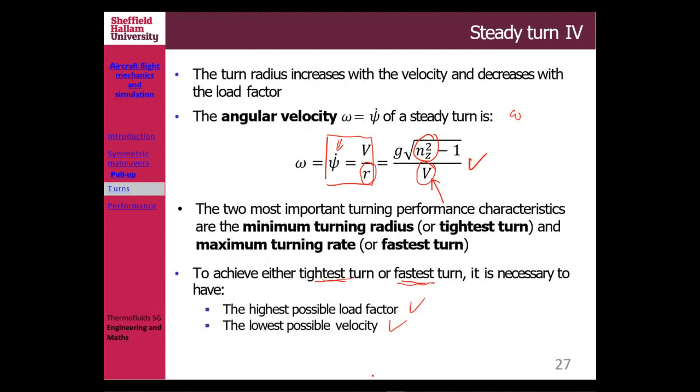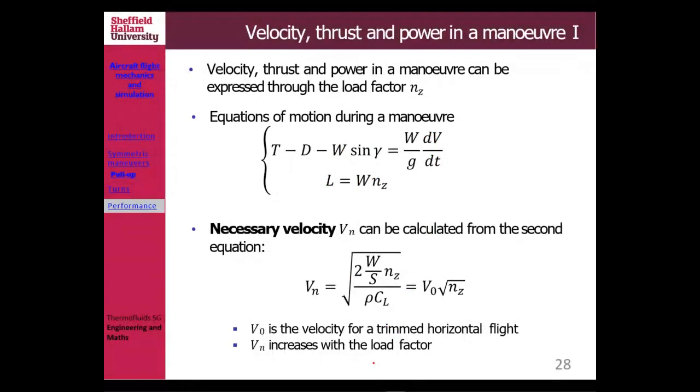Okay, right. So now what happens to your velocity? What is the necessary velocity when you make a turn? Your velocity will change, because we know that L over W is your Nz. So if you put W on the other side, then you get this equation, right? Now we know that L is actually half rho V squared S CL, and this is W Nz.